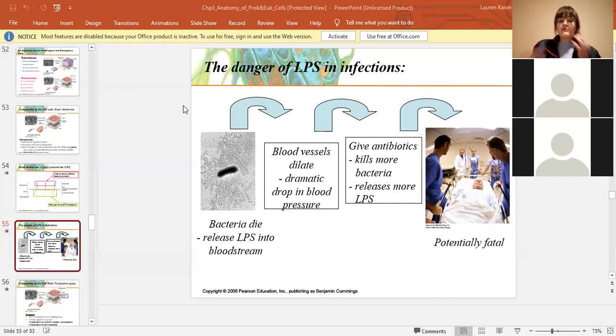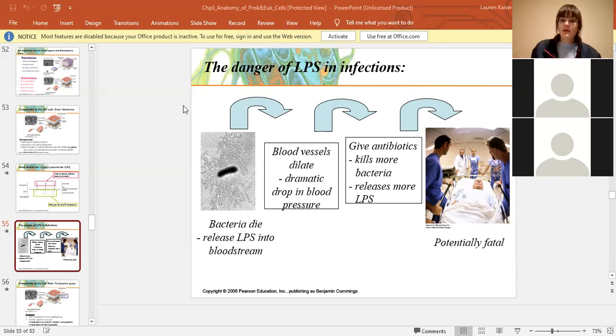So all of a sudden we see these symptoms of low blood pressure and shock, and we're like, oh my God, this bacteria is creating an even larger infection. But what's actually happening is the bacteria is starting to die and release this endotoxin, and it's going to make us appear sicker, as if the infection's getting worse when the infection's actually lightening up. So what are the doctors going to think if the infection's getting worse? Let's pump those antibiotics. I want to kill this bacteria because it's obviously taking over.